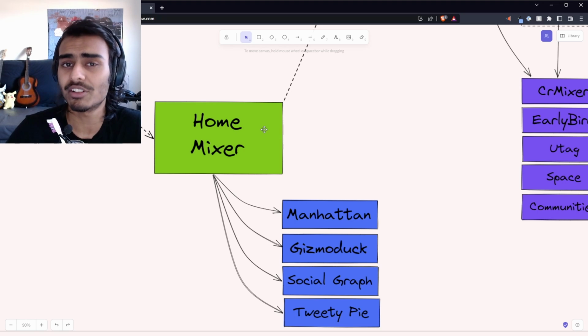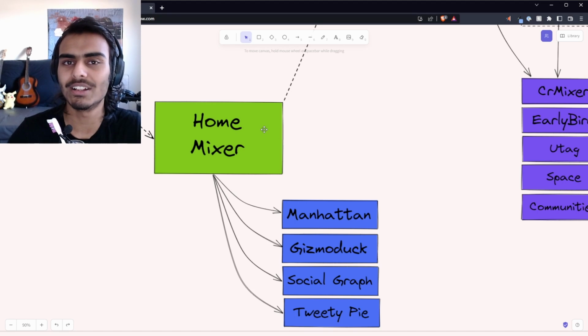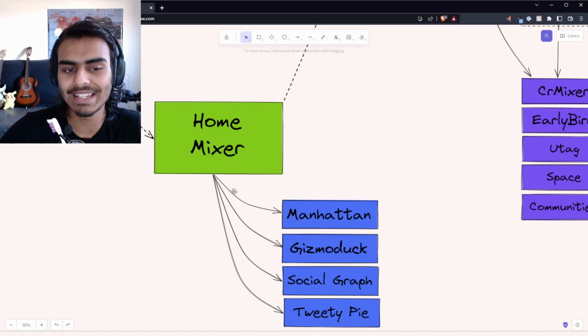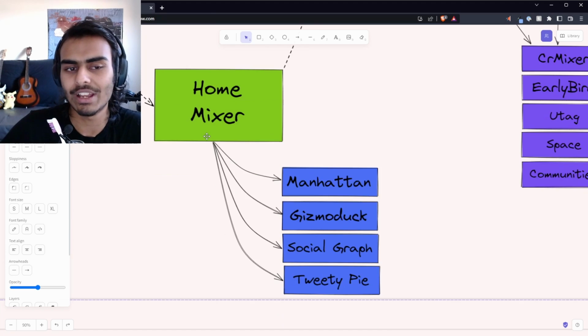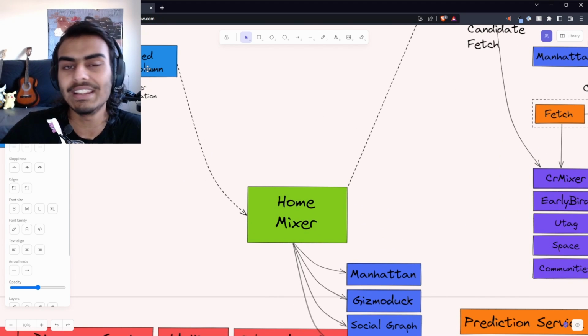So maybe the first 2 or 3 tweets have to be highly relevant, and after that, it can have some randomness to it. But the main point is that the home mixer is responsible for mixing up those candidates into a nicely engaging home feed. Once it's done that, it can refer back to the data stores, all the different databases, and it can hydrate the data. Because all the home mixer receives are the bare identifiers of the candidates, so if the home mixer has to provide that information to our front end here, it needs all the data.